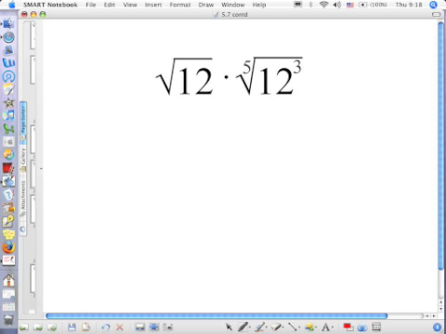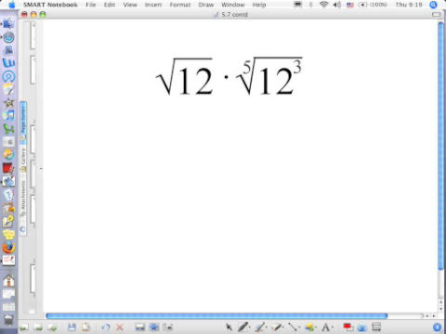Let's look at 12. I'm asking you to multiply, and these are two completely different radicals. According to the steps I just gave you, the first thing is to take these radicals and turn them into fractional exponents, okay? Hurley, can you tell me what the square root of 12 would become? 12 to the what? No. 1/2.